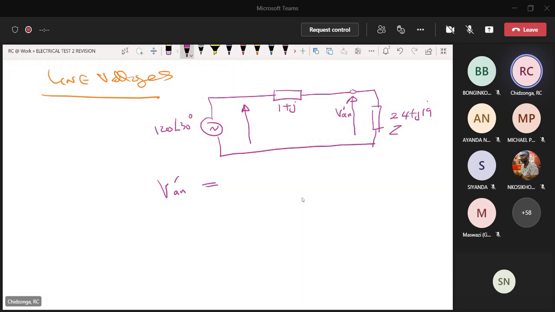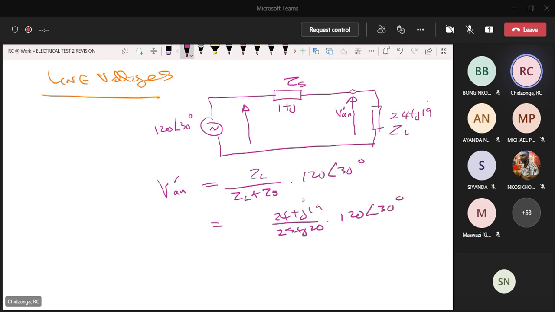If this is Z load, and let me just say this is series impedance, we know where it is coming from, then it will be Z load over Z load plus Z series times 120 angle 30, voltage division. Then you enter the numbers. So 24 plus J19 all over 25 plus J20 times 120 angle 30 degrees.